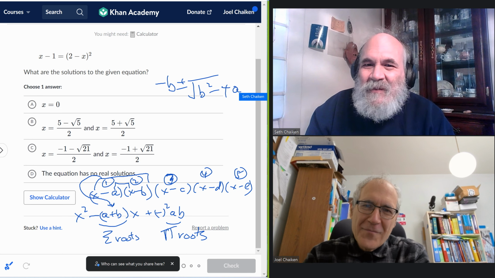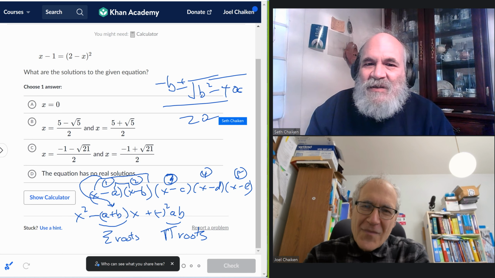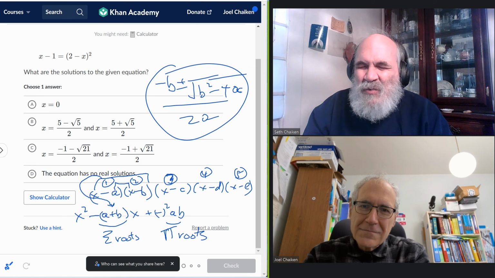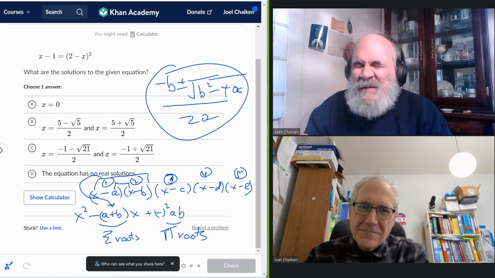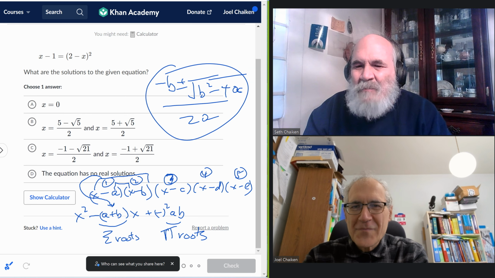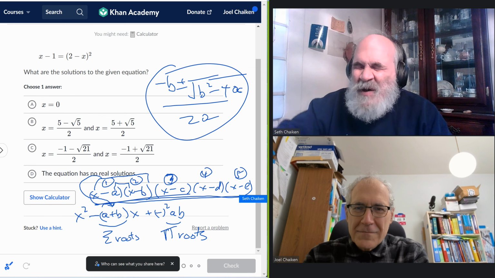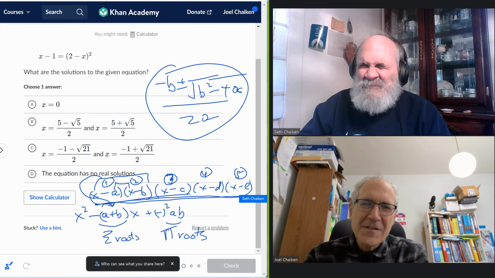It's more cool than this ugly formula because there's no such formula when the degree is 5 or greater. But this property is always true no matter how high the degree is.